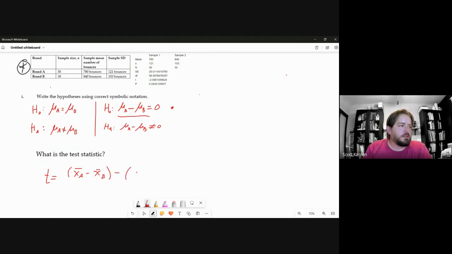and then minus the mu sub A, minus mu sub B, all over standard error, right? And it's this standard error that we'd want to take a look at. Standard error is given by this equation.